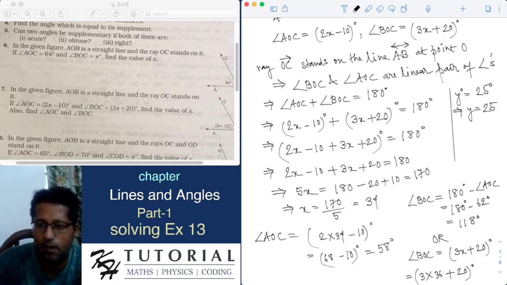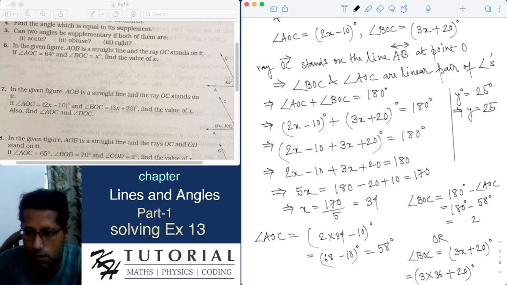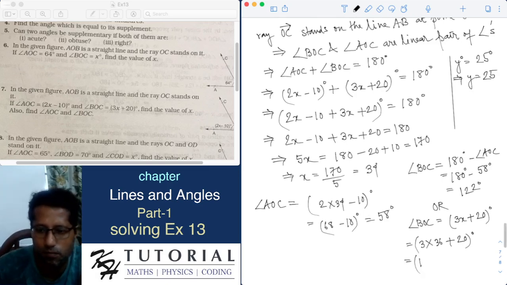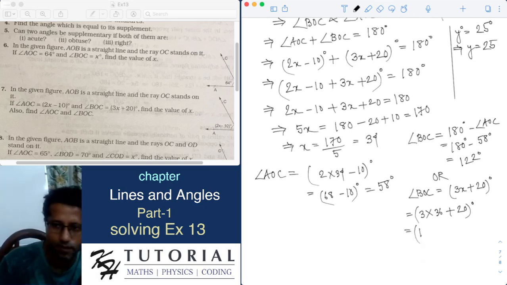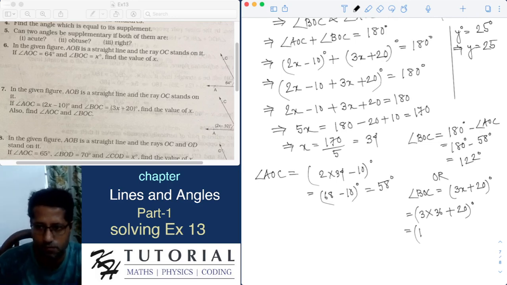And angle BOC, the first way of solving angle BOC will be 180 minus 58. So this is 122 degree.